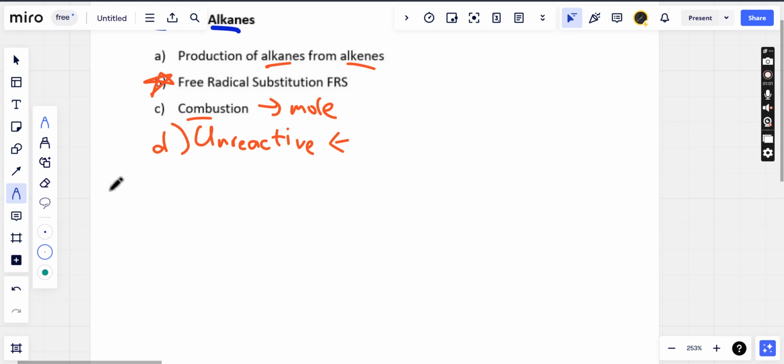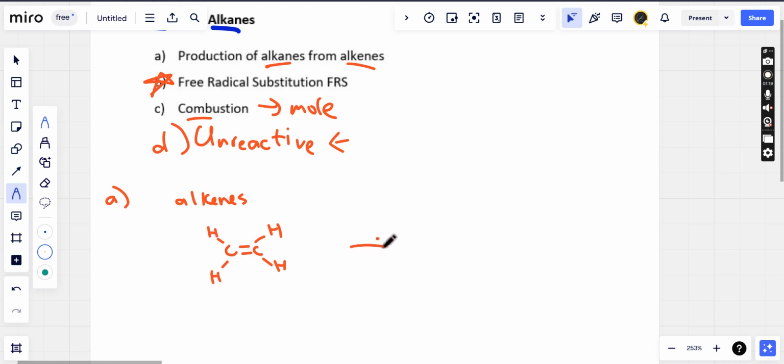Okay, so today, first, the production of alkanes from alkenes. So let's say you have an alkene, something simple like ethene.